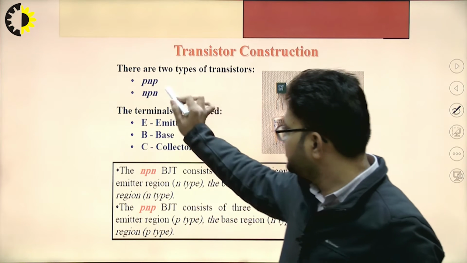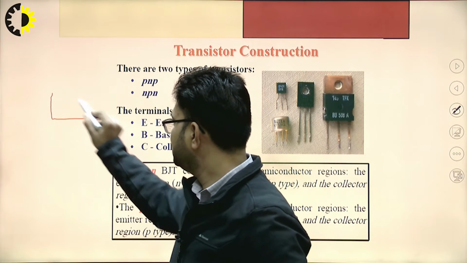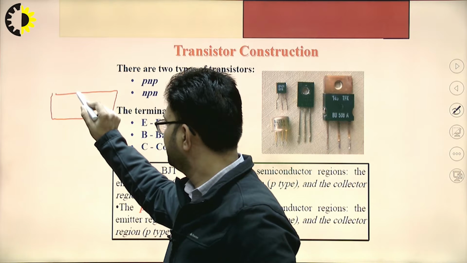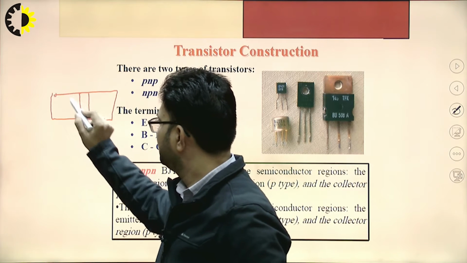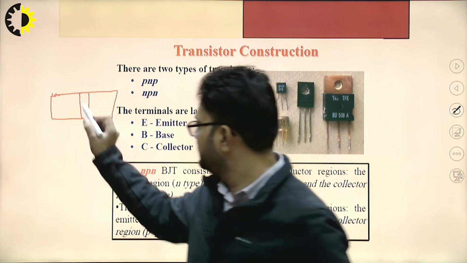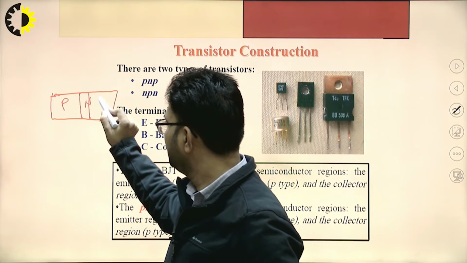So first is the PNP transistor. If you draw this, it is actually a 3-layer device. This side is called P side, N side and P side.